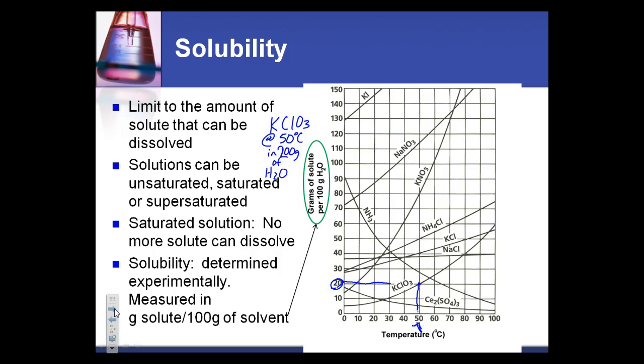So for 200 grams, you just double it. So 40 grams would be able to be dissolved in 200 grams of water. If they said how much would be dissolved in 300 grams of water, the maximum amount, then it would be 3 times 20, which would be 60.